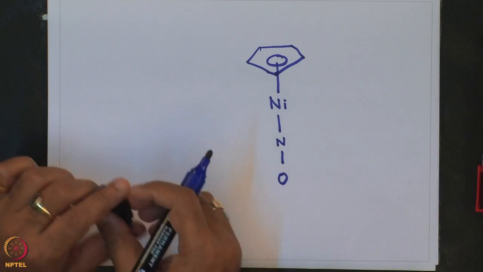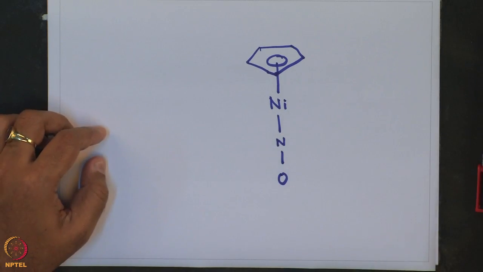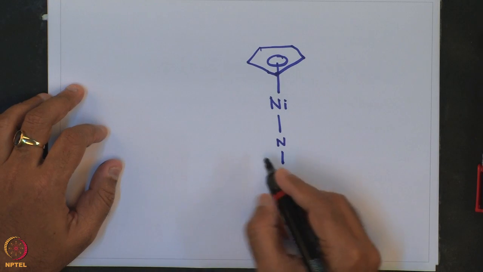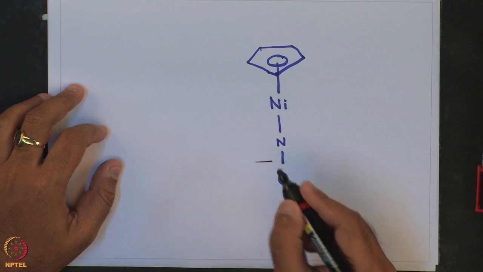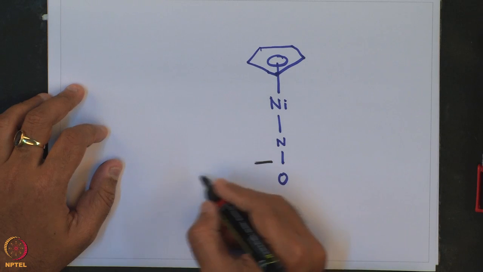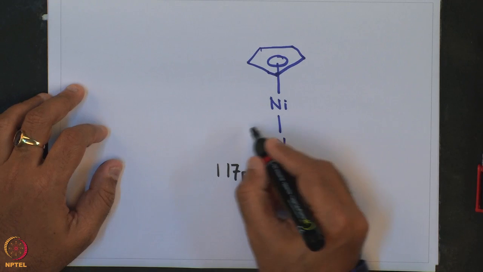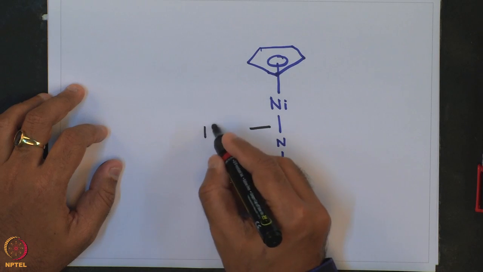So, this has a linear metal nitrogen bond. The nitrogen oxygen bond distance is 117 picometer, which we had seen, and nickel nitrogen is 160 picometer.